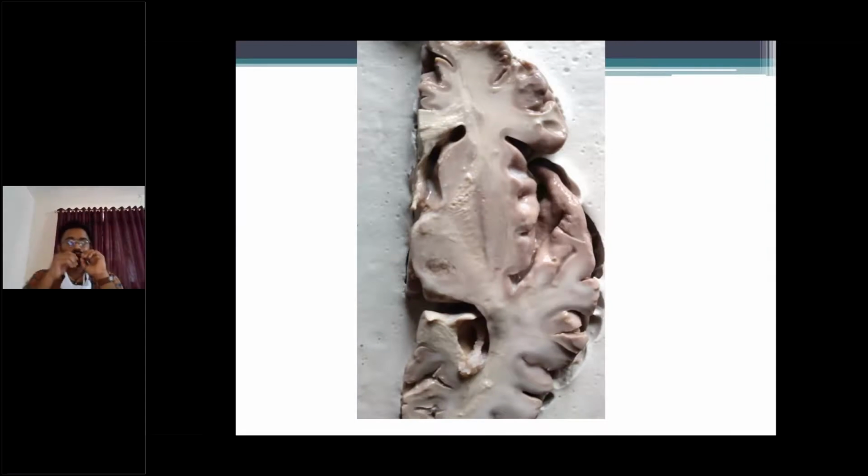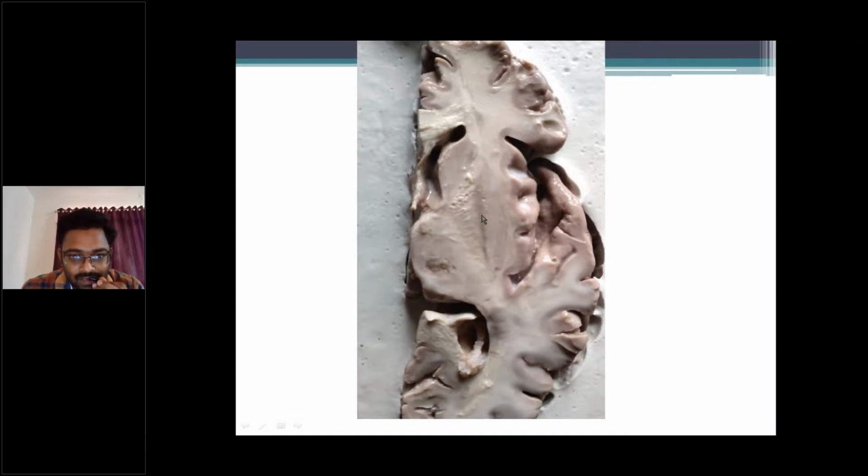So this is the gross anatomical specimen of basal ganglia. Here, horizontal section of the right cerebral hemisphere: this is the caudate nucleus, head of caudate nucleus, and this is the lentiform nucleus.